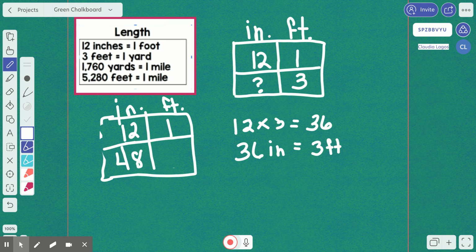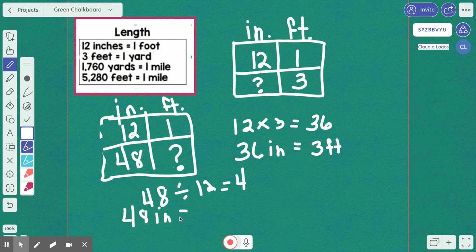So now I'm going to look at 48 inches and find out how many feet 48 inches equals. So in this case, I need to divide. So 48 divided by 12 equals 4. So this means 48 inches equals 4 feet.